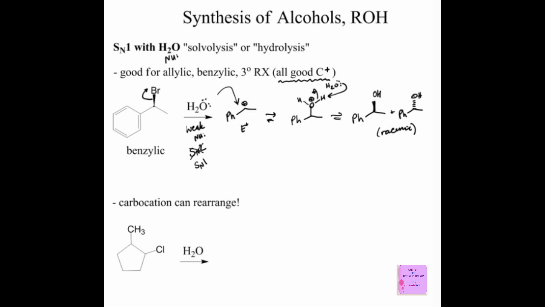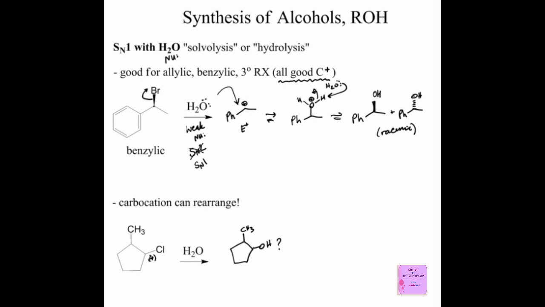The other thing to keep in mind with water and trying to do an SN1 mechanism is that because you have a carbocation in your mechanism, it can rearrange. So if it is not one of these very, very stable carbocations, like in this case, we would get a positive charge here. And so we might think that when we do hydrolysis of this, we might get an OH in this position.